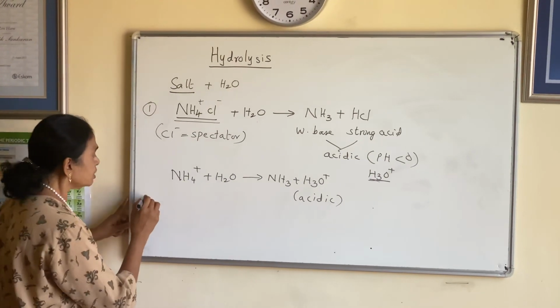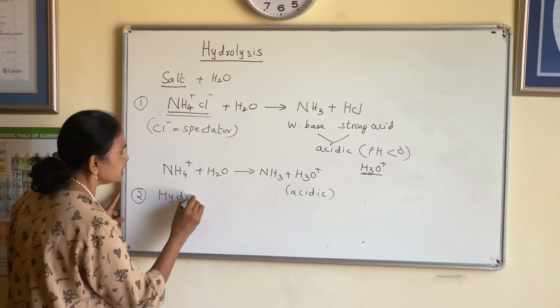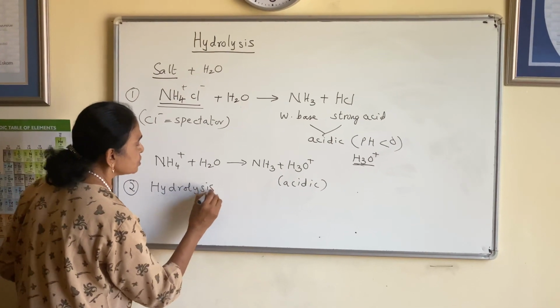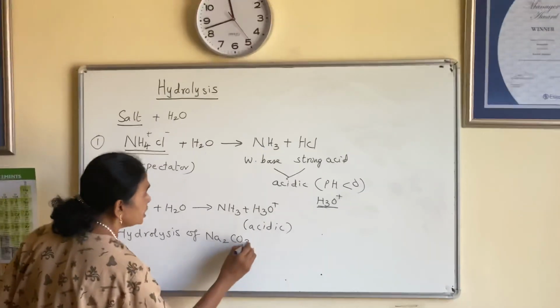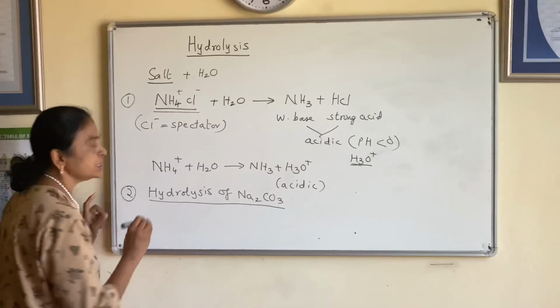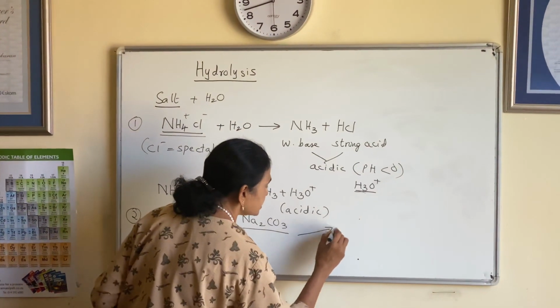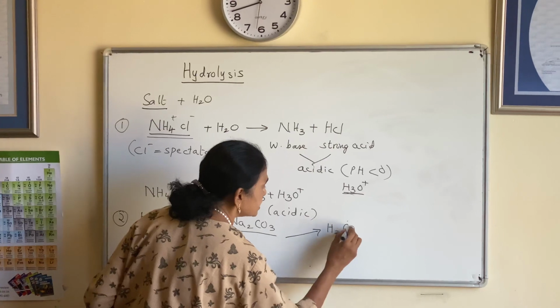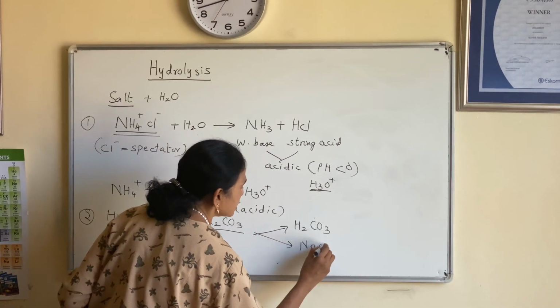Now let's go to number 2, hydrolysis of sodium carbonate. When you have sodium carbonate, it is made up of an acid and a base. What is the acid? Carbonic acid. What is the base? Sodium hydroxide.